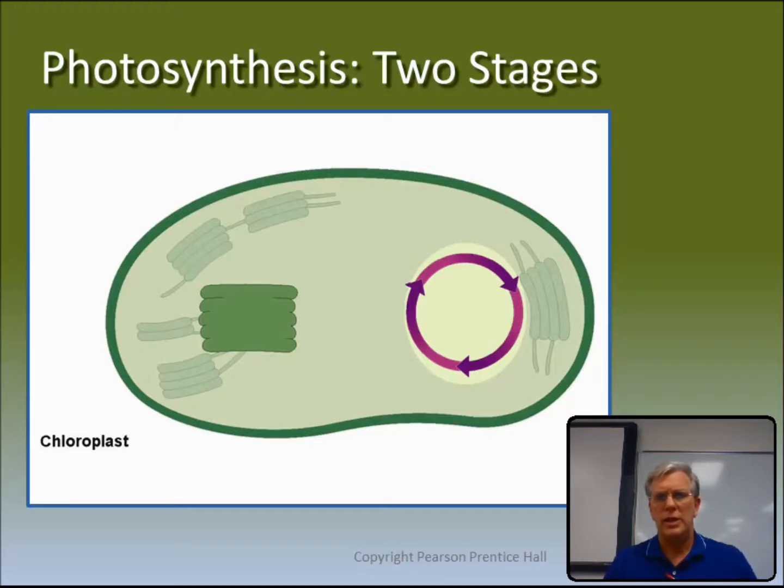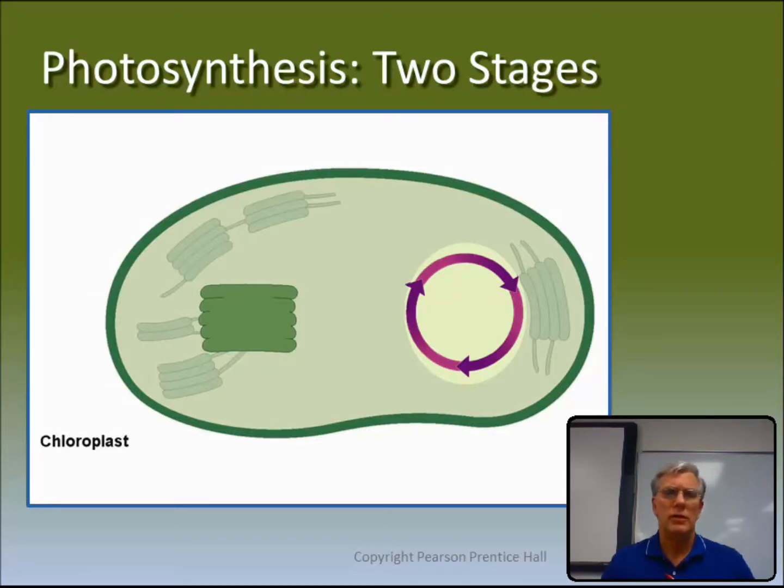All right, so pay attention to what I'm doing, and then I'm going to show you where you can practice this. And if you'll do it several times, you'll get the hang of it, and you'll become very proficient in photosynthesis.